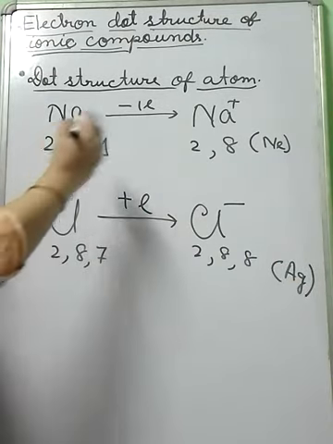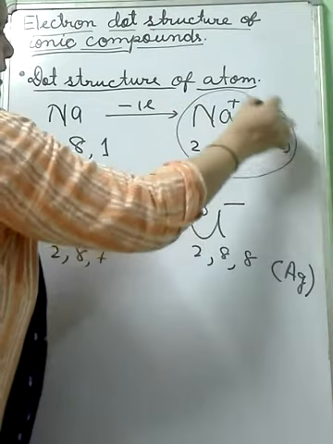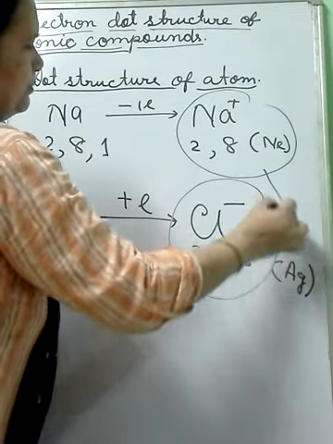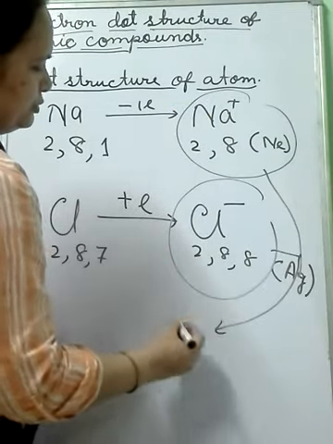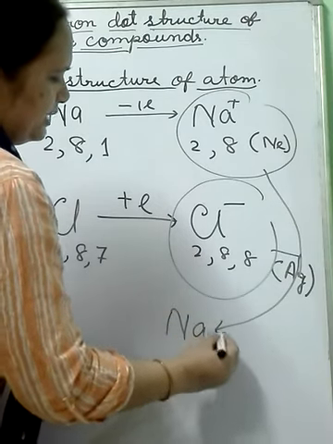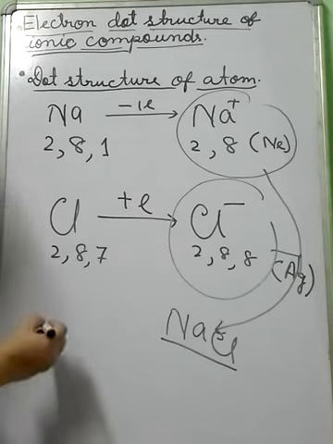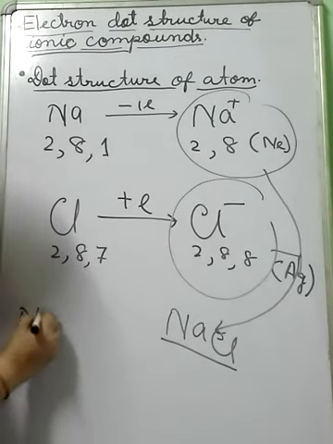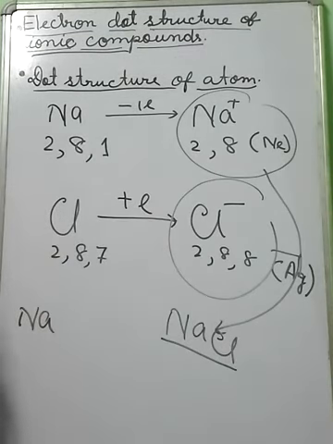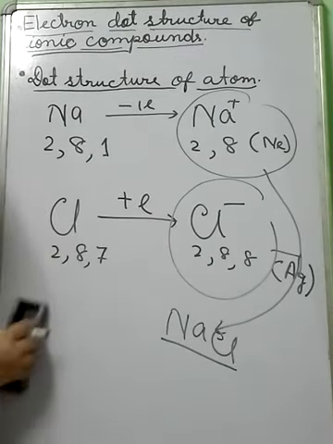Now, these two ions, sodium cation and chloride anion, combine with each other and form sodium chloride molecule. Now, how do you show this sodium chloride molecule formation with the dot structure? First of all, this is sodium. I am giving the dot structure of sodium first. This is sodium.